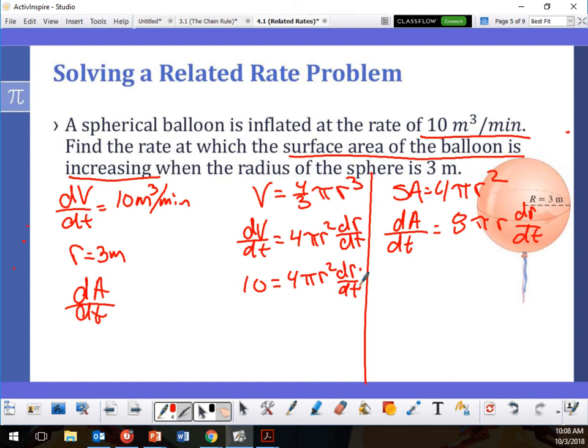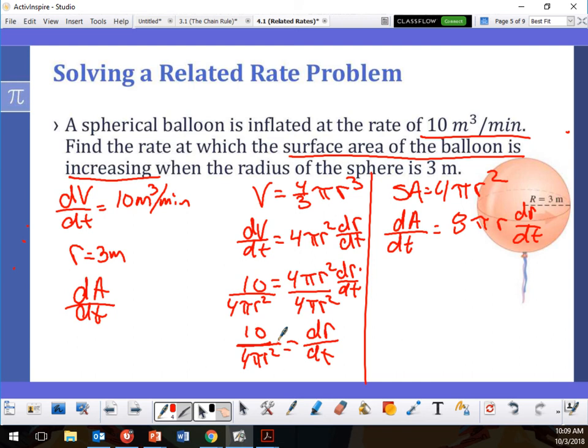Divide by what? Divide by 4 pi r squared. Very good. Divide both sides by 4 pi r squared. So I'm going to get dr dt is equal to 10 over 4 pi r squared. So I could replace my dr dt with that, right?